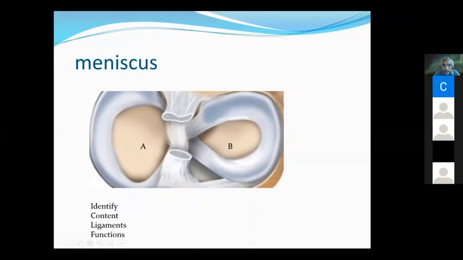Next, let us come to the important ligaments that you know are attached to the meniscus. Let us start with the medial meniscus. Does it have any important ligaments attached to it? Meniscofemoral ligament. Is the meniscofemoral ligament attached to the medial or the lateral?